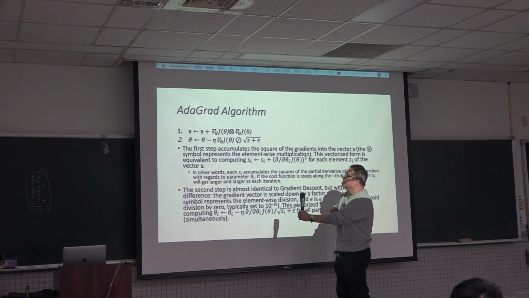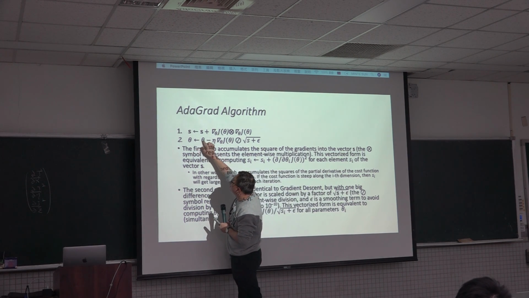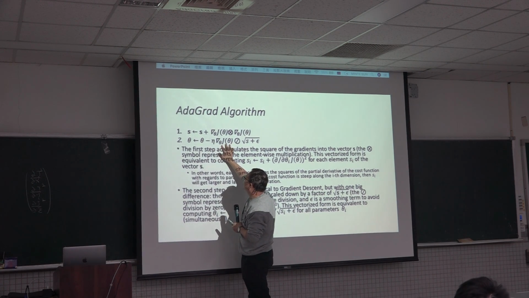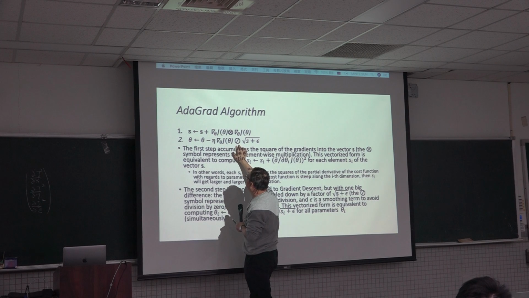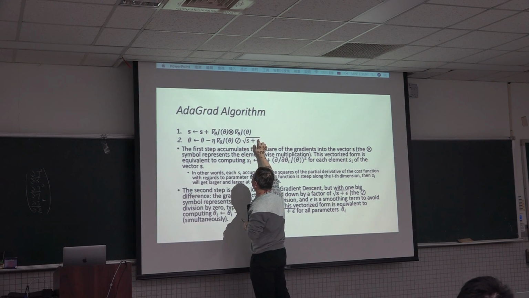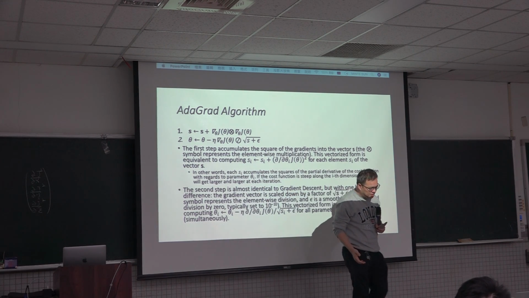So you can see that theta equals theta minus the learning rate times this gradient divided by the square root of S plus epsilon. I need to explain what that is.